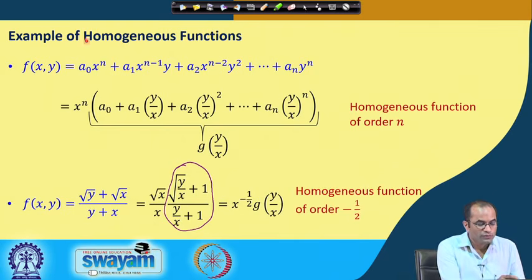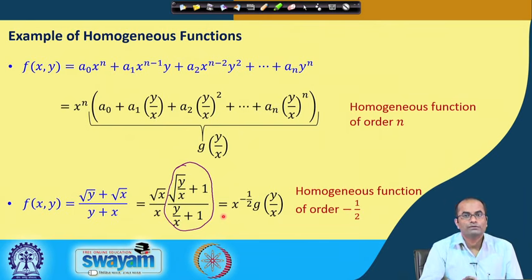So, what is the importance of these homogeneous functions? We will see in the next slide. So, based on this order, for example, here it was n or here minus half, we can have some formula for the derivative term in terms of this n.